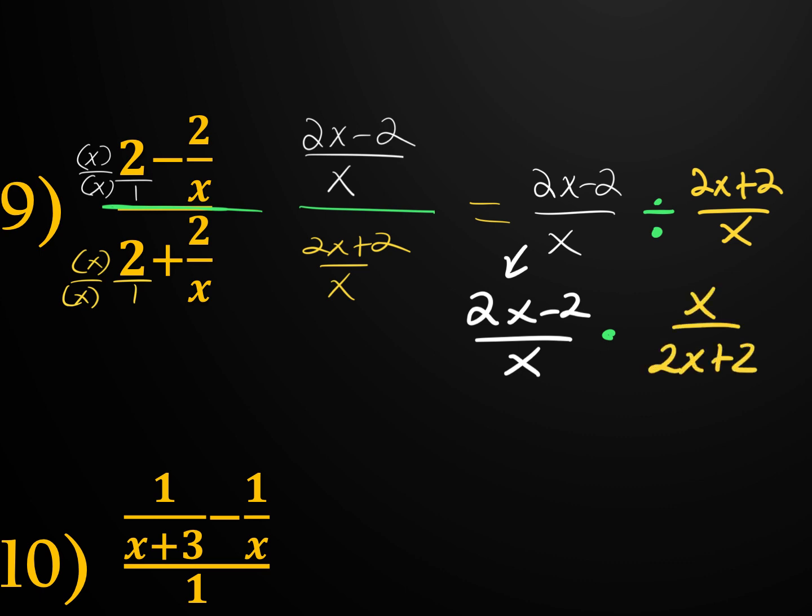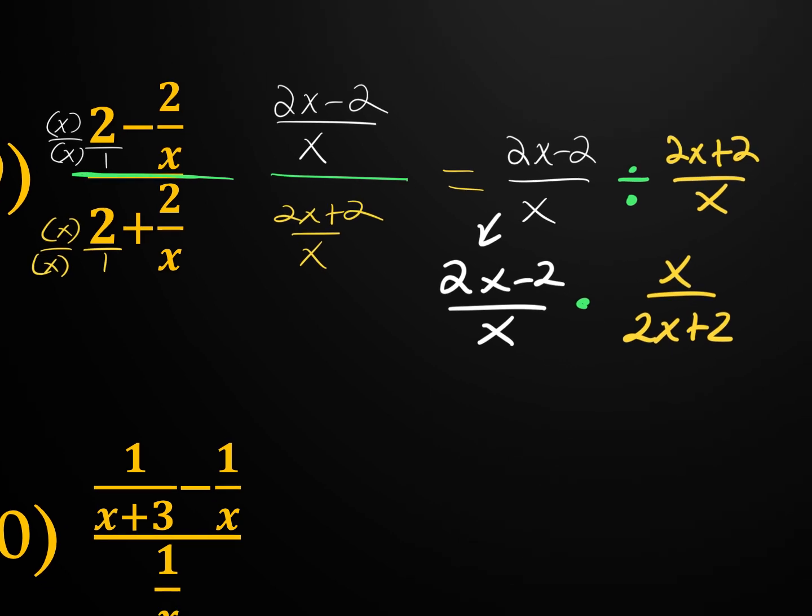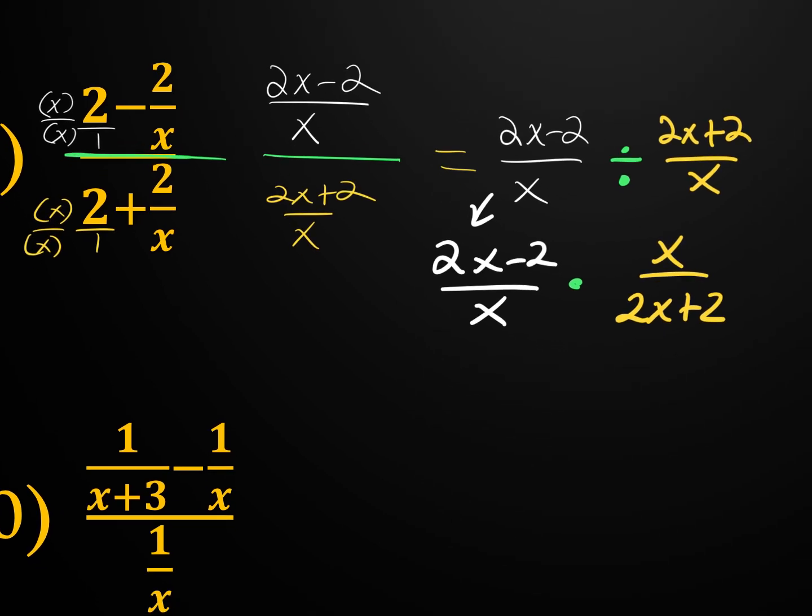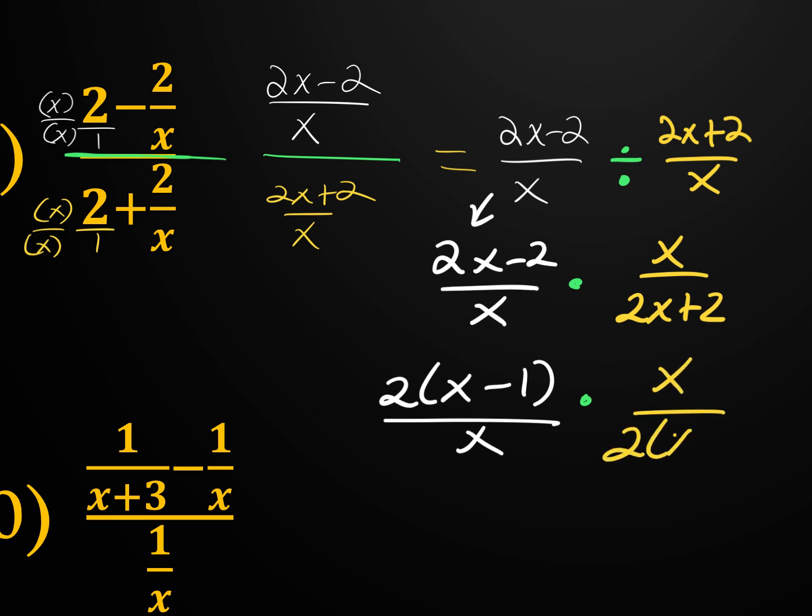Now remember, when you do this multiplication, you need to factor out any GCFs or factor anything. So I can actually factor the numerator here. I can factor out a GCF of 2. Same thing on the yellow. The x stays, but I can factor a GCF out.